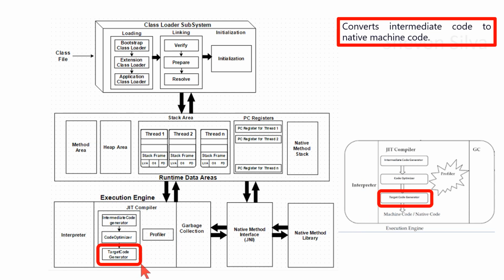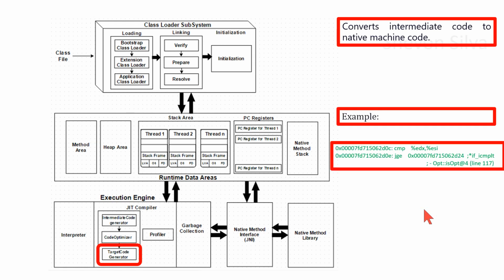And now after the optimizer we move to the target code generator. This converts intermediate code to native machine code. In this diagram you can see the target code generator here. So here you can see, with regard to the previous code, for the optimization, the comparison instruction in assembly here, and the jump instruction here.